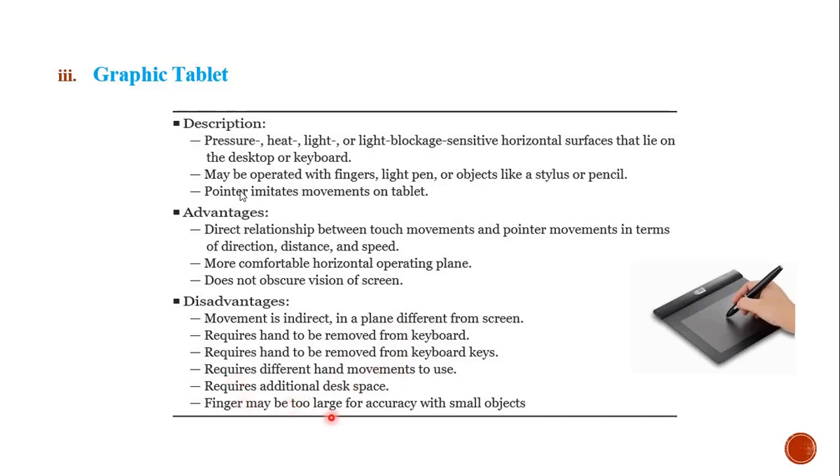Finger may be too large for accuracy with small objects. So suppose your graphical tablet is showing some small objects or small icons. If you are going to touch the icon, the graphical tablet has to respond well for whatever interactions you are going to do, even if it is a small object.